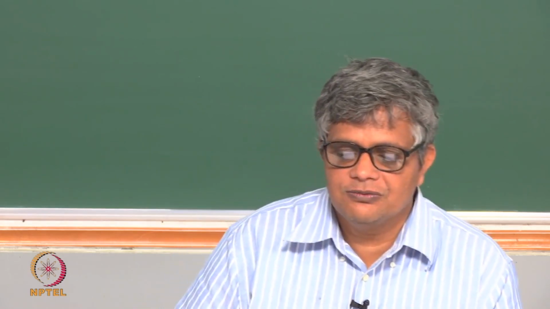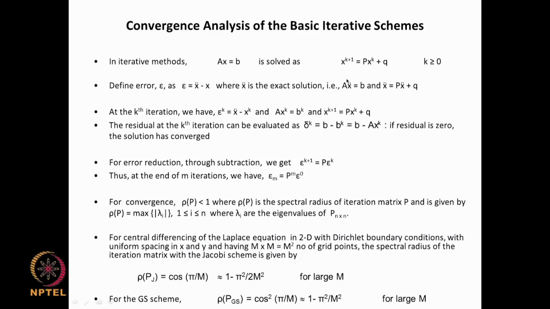So, in iterative methods we have Ax = b to be solved as x^(k+1) = P x^k + q for k greater than or equal to 0. So, k equal to 0 is the initial guess, and from that we get x1, x2, x3 and so on. If we define the error epsilon here using x double dot, where x double dot is the exact solution, that double dot is just an easy way of writing it using the script language that is available.